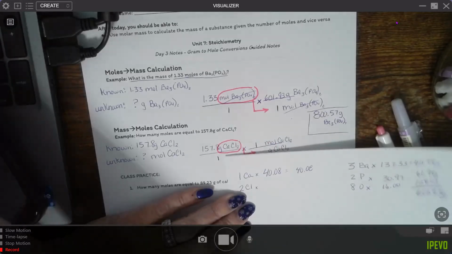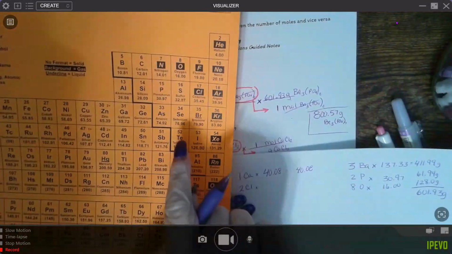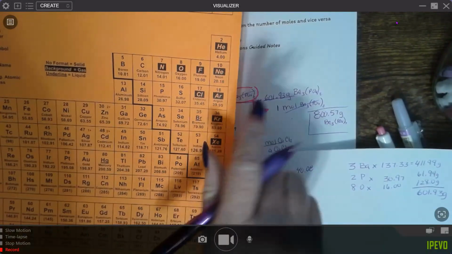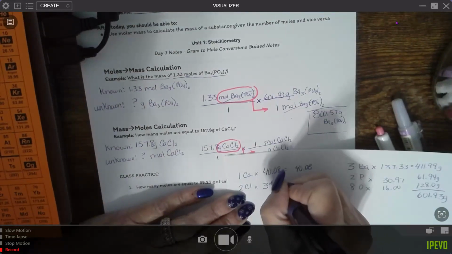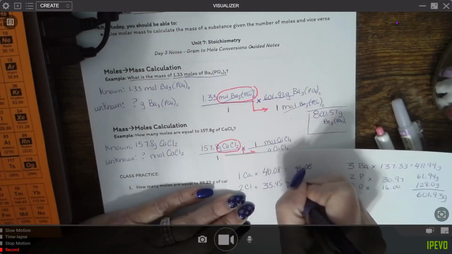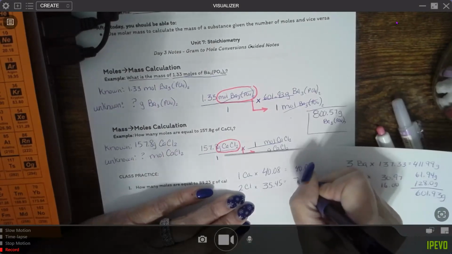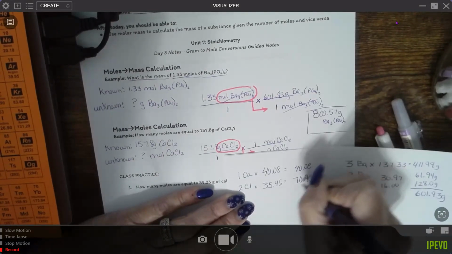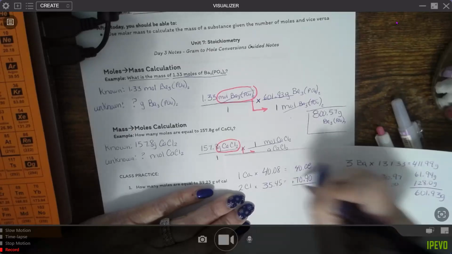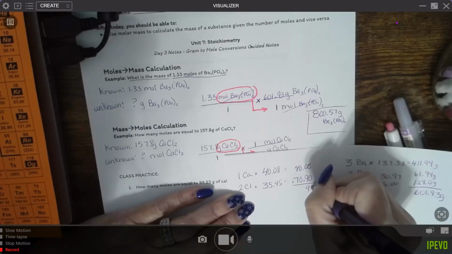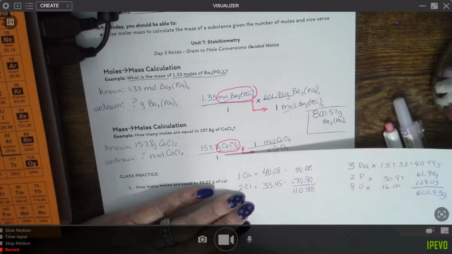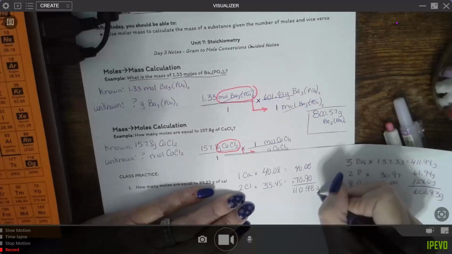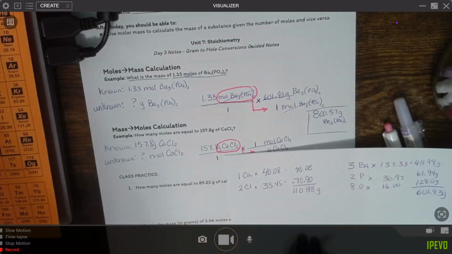And then chlorine has a molar mass of 35.45. We've got to multiply that by 2, and we're going to get 70.90. So we're going to add those together and we're going to get 110.98 grams. That's the molar mass of calcium chloride.